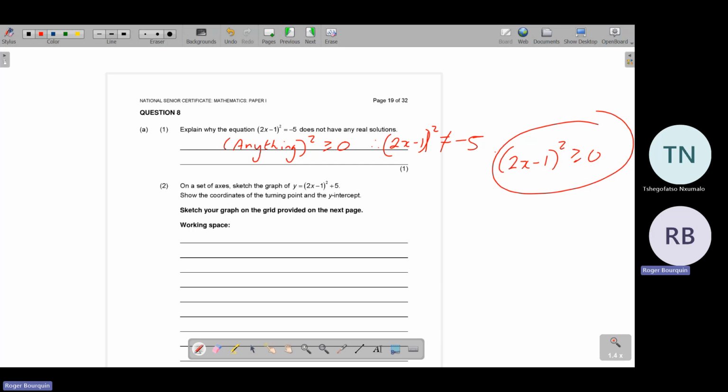All right. Next one. You've got a parabola. You've got to find the turning point and the y-intercept, and then sketch it.